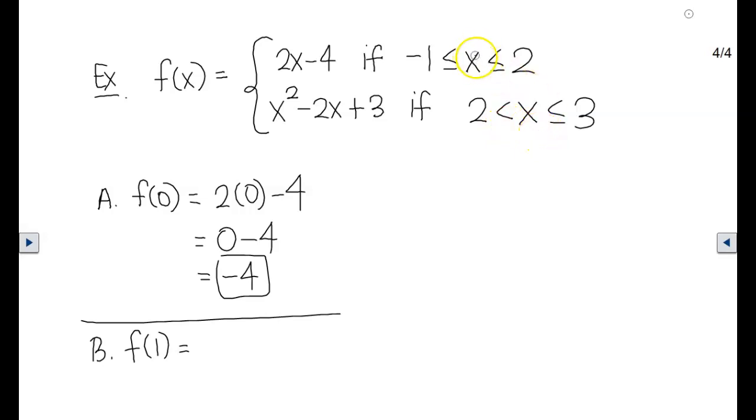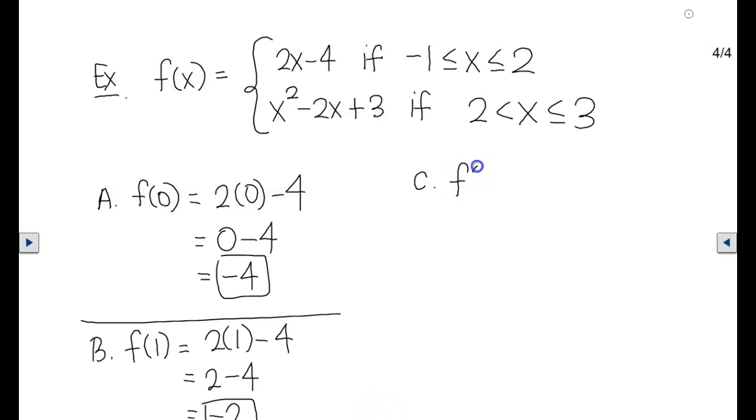So 1 fits in with that first domain. So we're going to use the first piece of the function and input 1 for x. So we're going to do 2 times 1 minus 4. 2 times 1 is 2. And 2 minus 4 is -2. So notice, I'm not getting one to many. I'm getting 1 input going in and 1 output coming out.